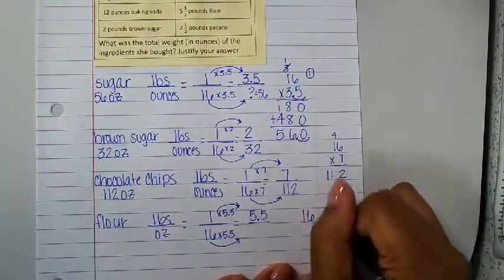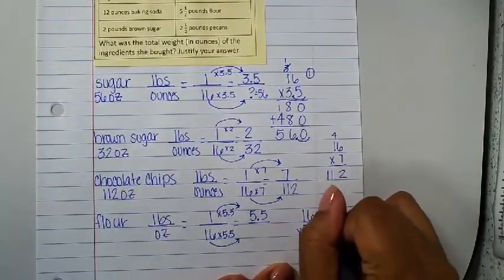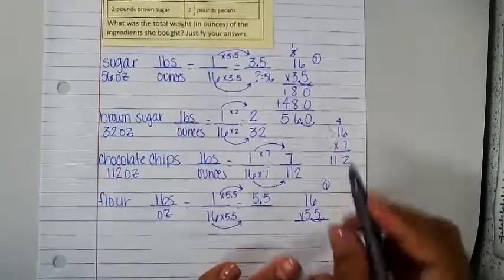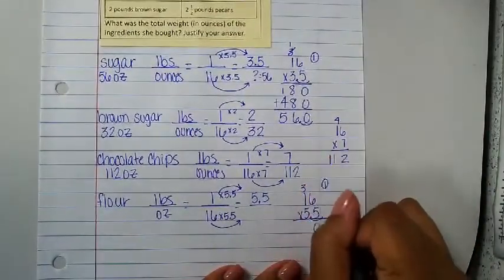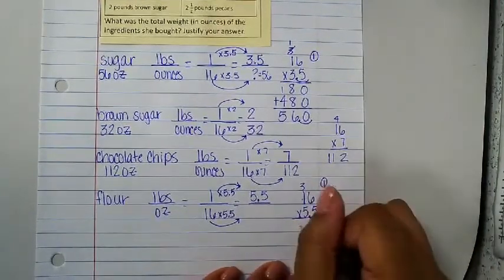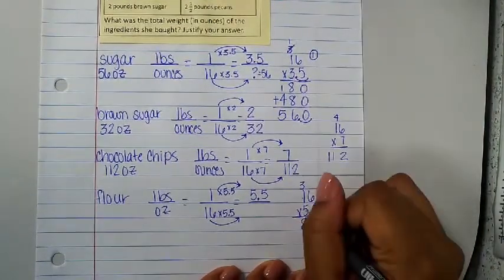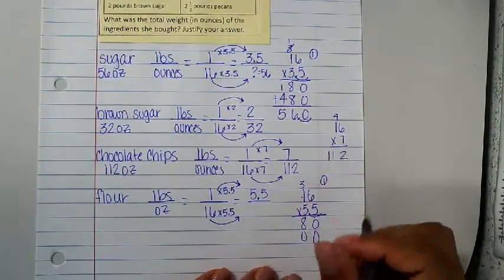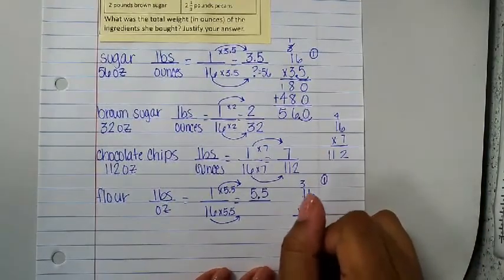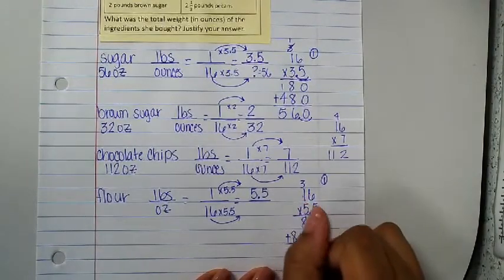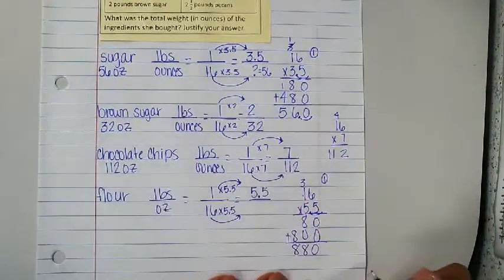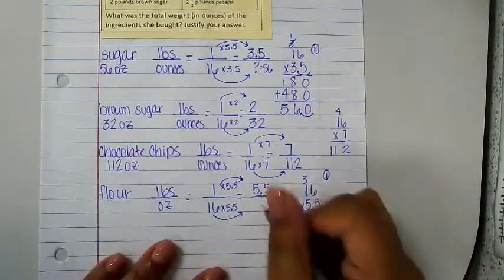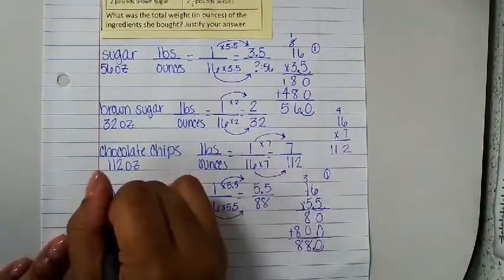So 16 times 5 and a half. Move my decimal out and record. 5 times 6, that is 30. 5 times 1 is 5, plus 3 is 8. Add a 0. 5 times 6 is 30. 5 times 1 plus 3 is 8. I'm going to add those. 8, 8, 0. I need to move my decimal back in. And that gives me 88 ounces.